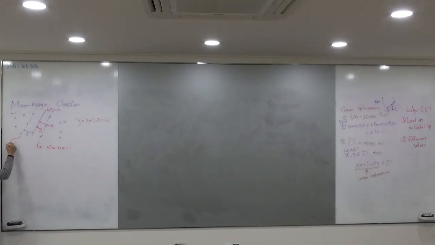And for examples on this dotted line, it should produce -1. We can make it so by scaling W. Agree? This constraint doesn't hurt the big picture. This is our constraint.